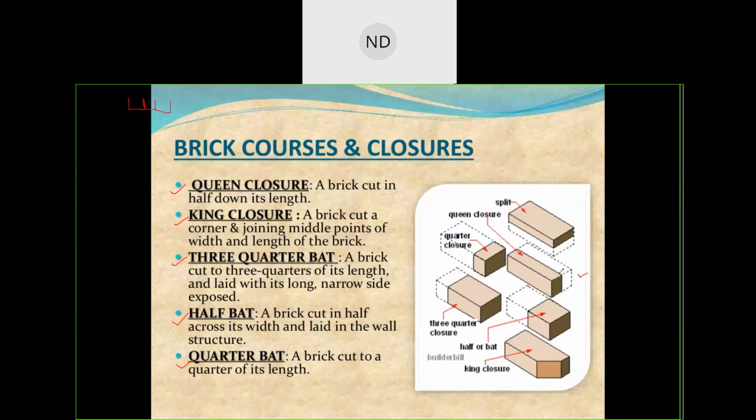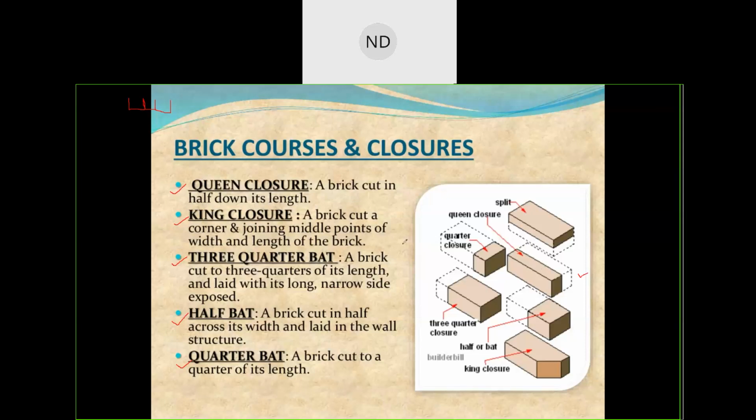When you cut this brick along the length, equally halved, and you use this portion for your bonding, you use this brick after cutting half length. It is known as your queen closure, and when you bond these types of bricks together, they are known as your queen closure bond.